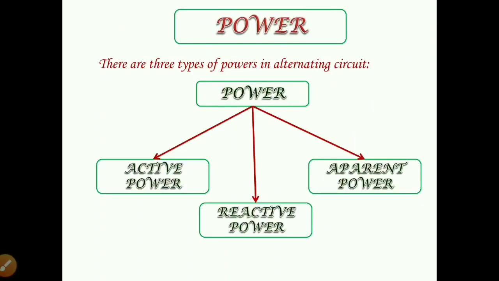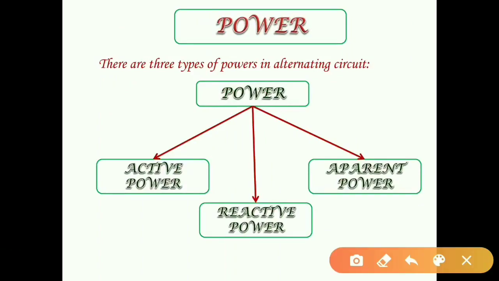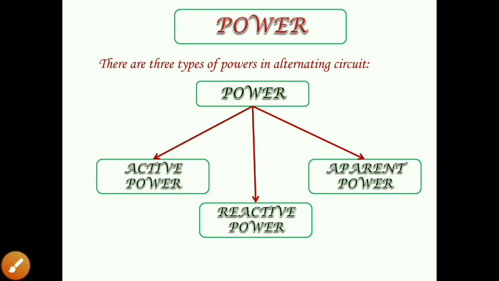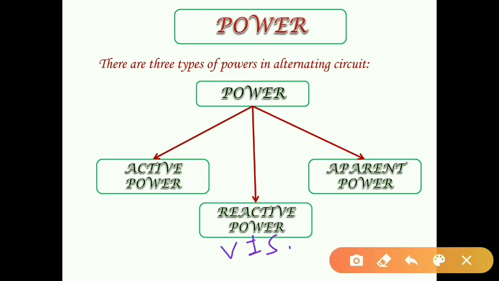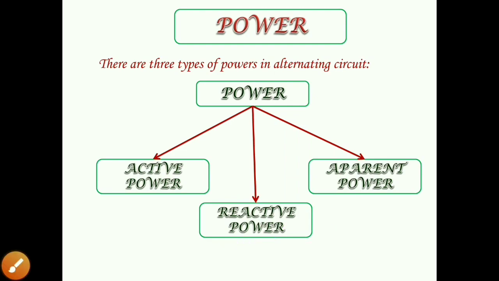Generally represented by VI cos phi, and also represented by I squared R. Reactive power is the power because of the reactance of the circuit, which is represented by VI sin phi. And apparent power is the complex combination of active and reactive power.